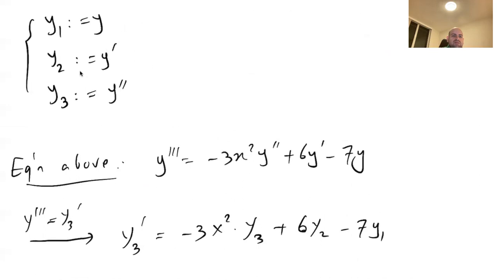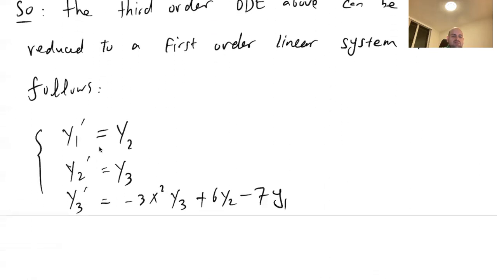And I combined second and third equations here to write the second equation here. And I also explained about the third equation. So we had a third order ODE, which we could write as three equations and each of them first order.